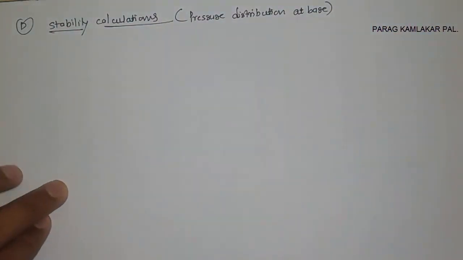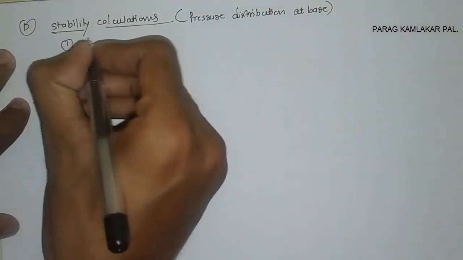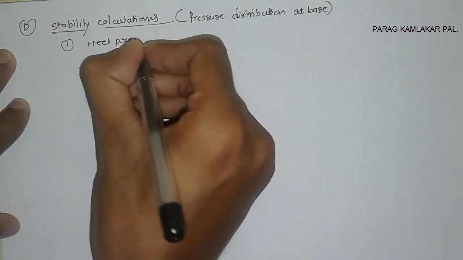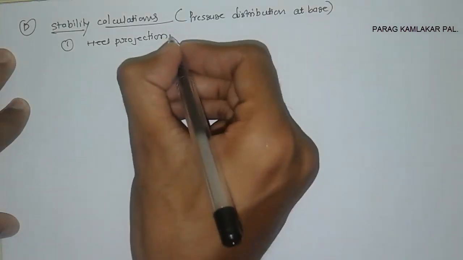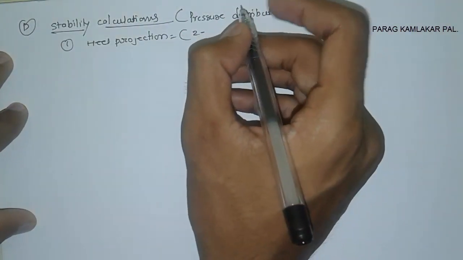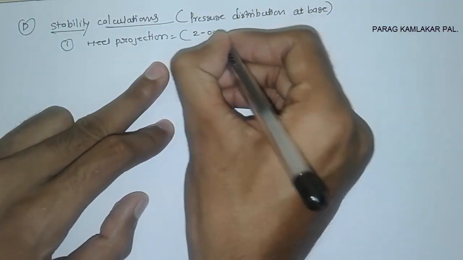So now let's get started. What is the heel projection? First we need to calculate the heel projection, how much the heel projection is over there. We get heel projection as 2 minus 0.45, so simply the heel projection is 0.45.